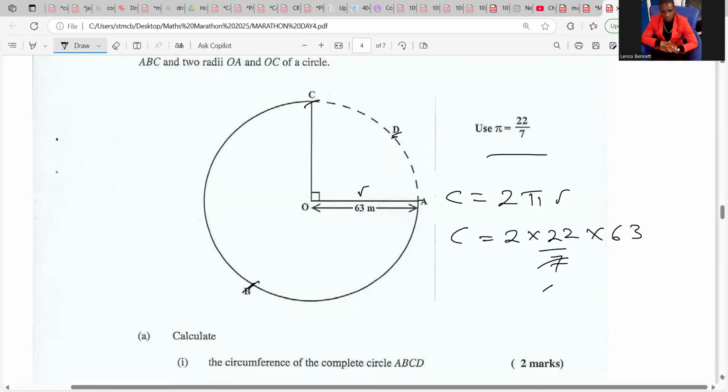So 2 times 22 is 44, so 44 times 9 will give us 9 fours, 36, and 3, 396. I should have put the units. Sorry, it's actually meters.